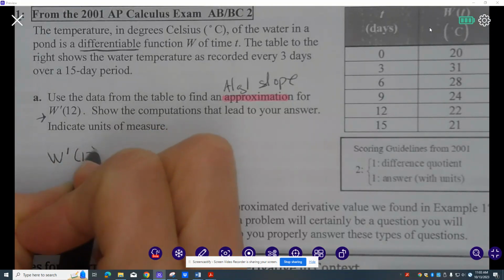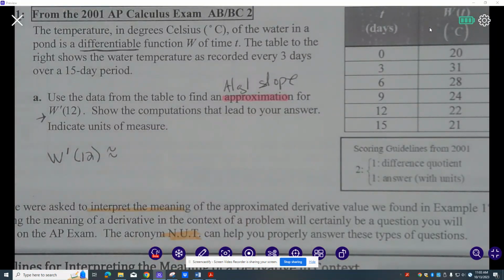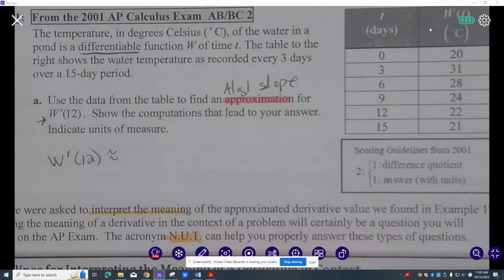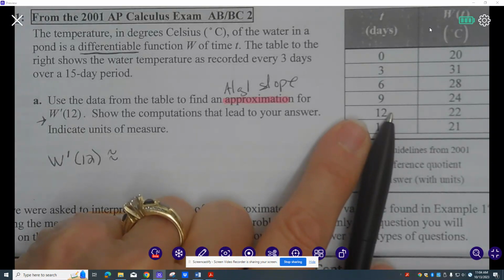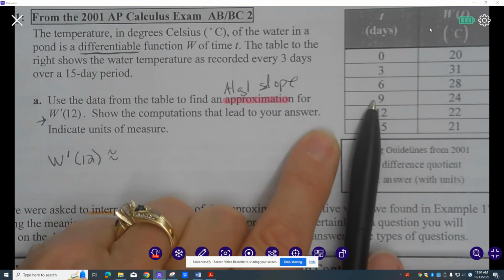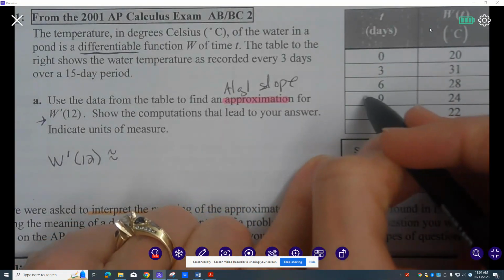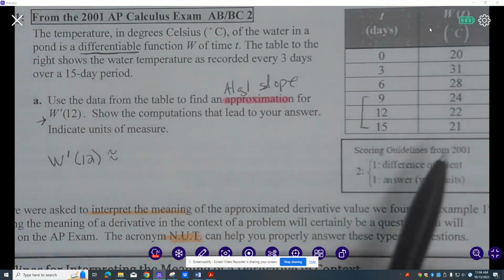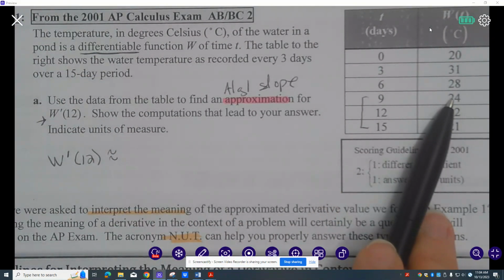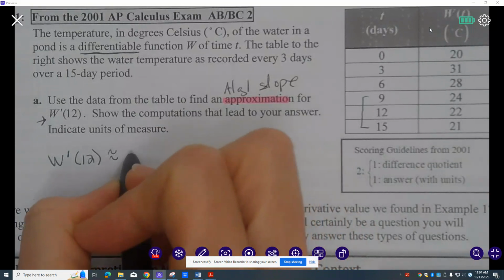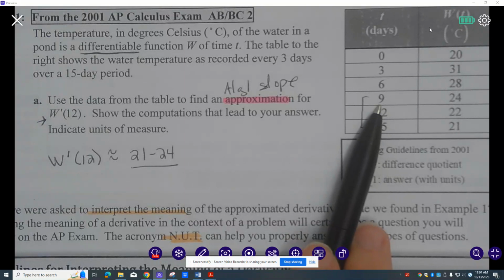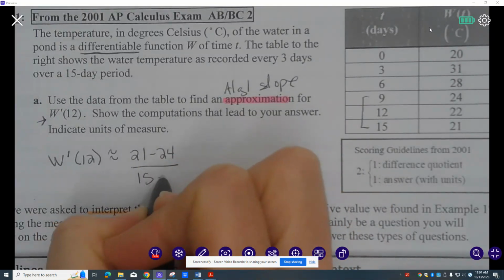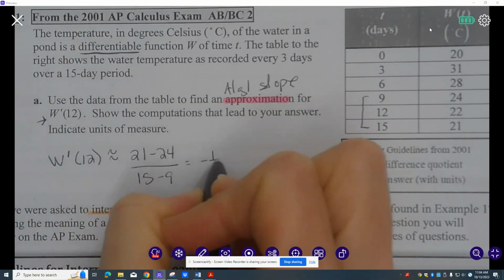W prime of 12 is approximately equal to, so if we look at 12, there's our 12. To approximate 12, we want to use these 2 points next to 12. So my y2 minus y1 would be 21 minus 24 over my x2 minus x1, which would be 15 minus 9. And we would get negative 1/2.